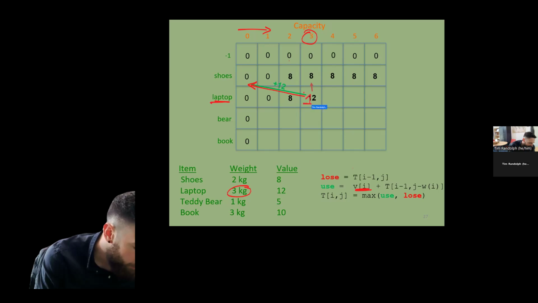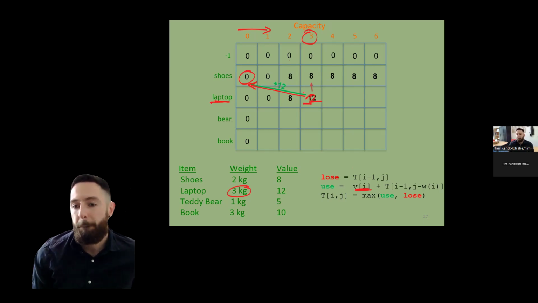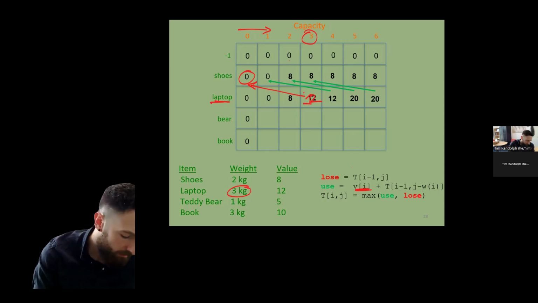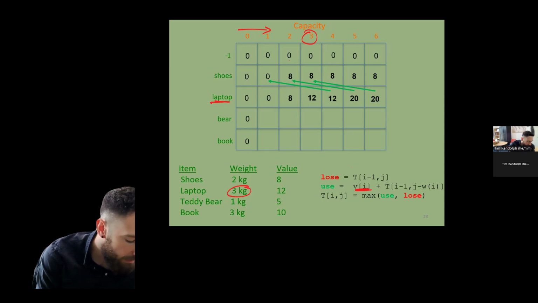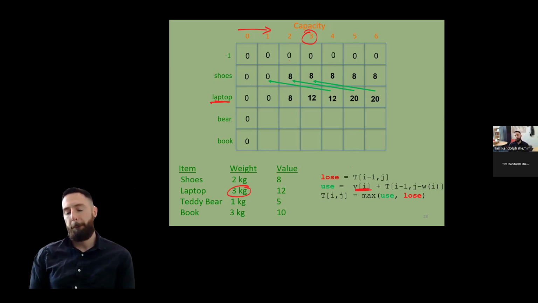But I'll both inherit the 0 from this cell, and I'll gain the value of 12 from using the laptop. And in fact, it'll turn out that it's always a good idea to take the laptop over losing the laptop.